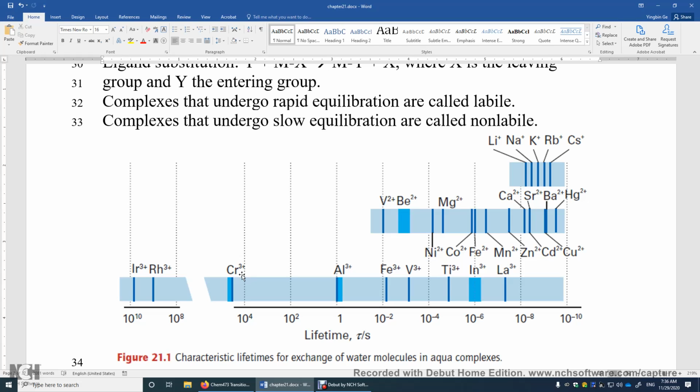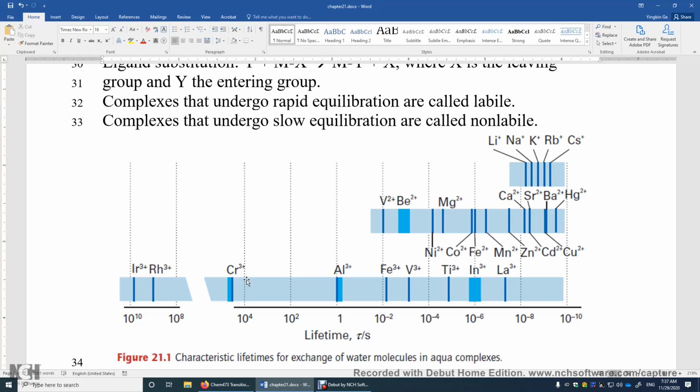Now this is chromium 3+. When you are looking at a transition metal cation, you need to remove the s electrons first. And furthermore, if you're looking at a transition metal complex, you need to move the 4s electrons into the d orbitals when you analyze the chemistry of the transition metal complex.